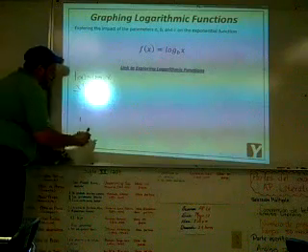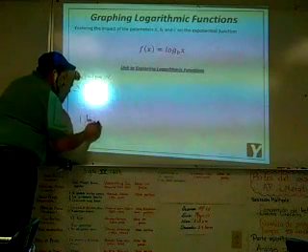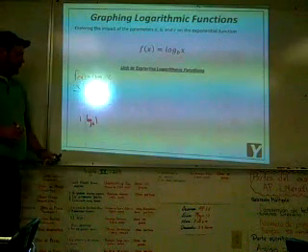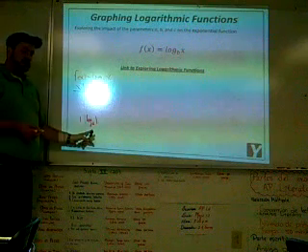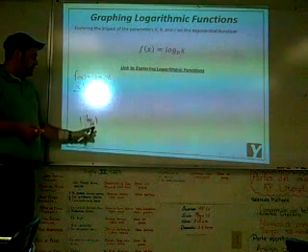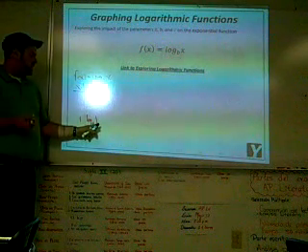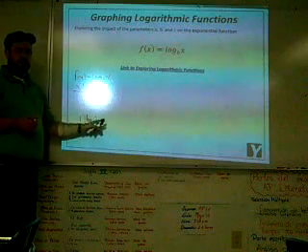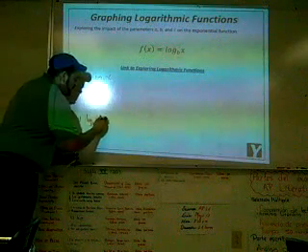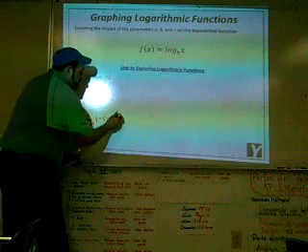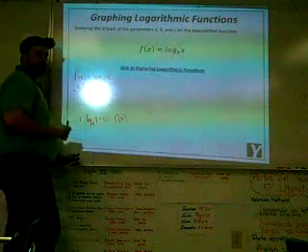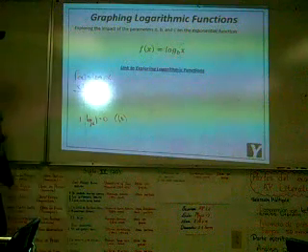If x is 1, that means I need to find the log base 2 of 1. Based on the conversation we had in the last slide, the question I'm asking you is 2 raised to what power is equal to 1? Well, we already know the answer to that, 0. So that means the point 1 comma 0 is going to be on my graph.